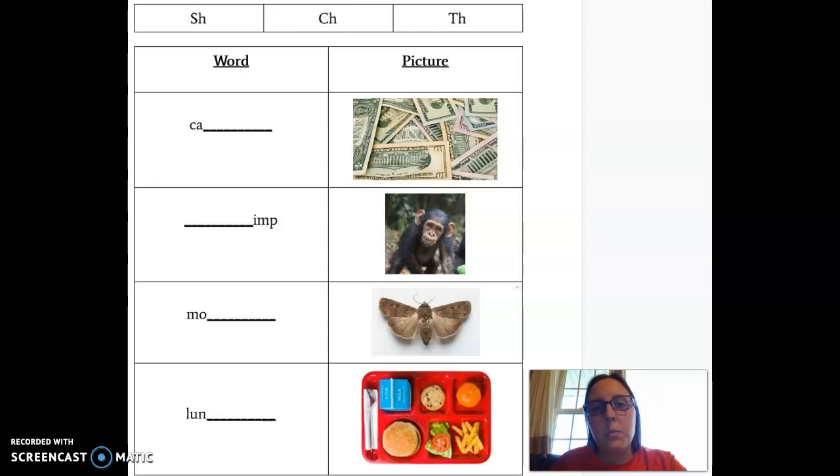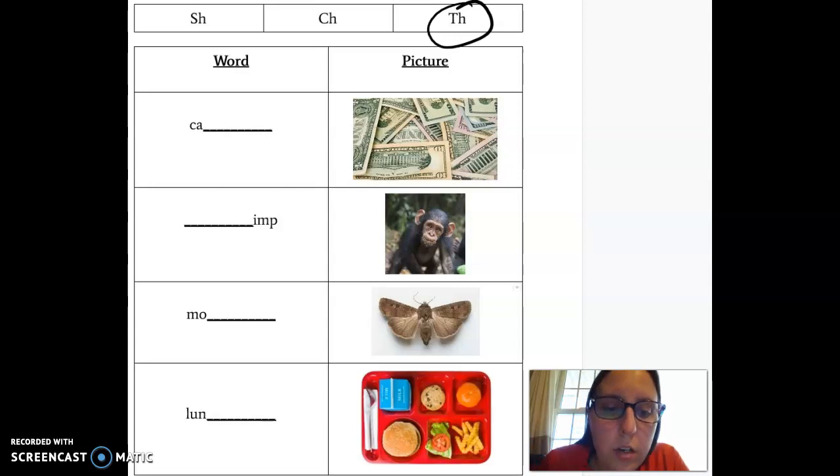All right, last but not least, we have TH, okay? Now, do you remember what TH says? If you do, when T and H are paired up together, what do they say? I want you to tell me. T and H say.